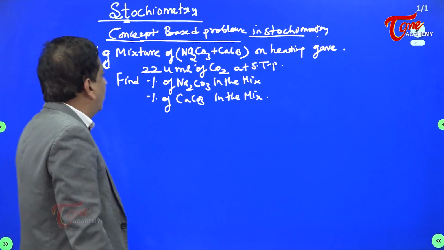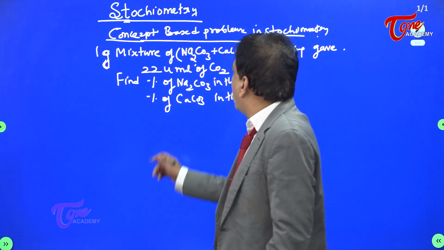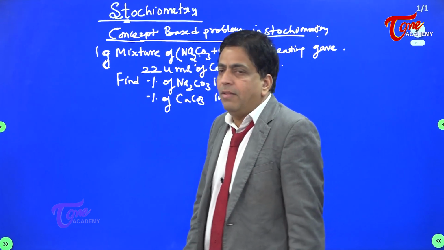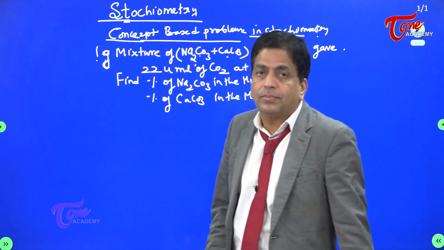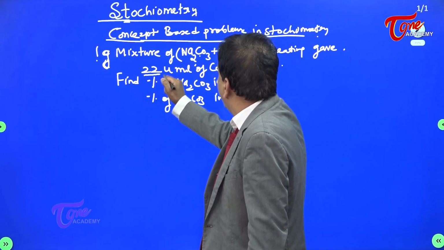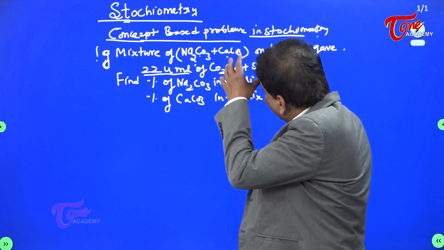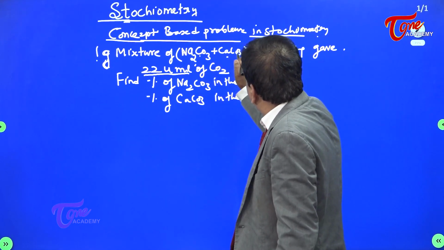That's what he's asking. Look into the problem. He has mixed 2 salts, and the total weight is 1 gram. He has heated this, and you're supposed to get 224 milliliters of carbon dioxide at STP. Then he's asking, what is the percentage of this and of this in the mixture?